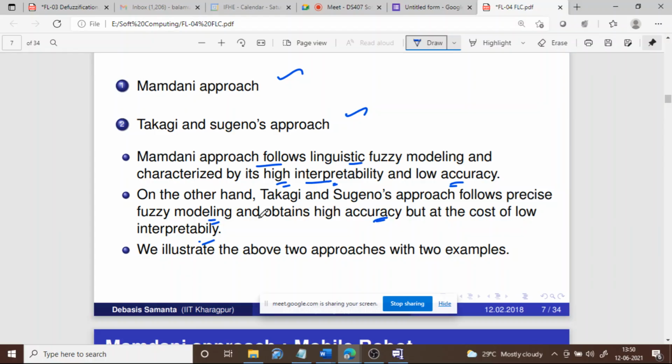That is, we are unable to interpret why it is behaving so. Is it behaving in the right way for the right reason or not? That is also important. It is not enough that the system is just behaving right. If the system is behaving in the right way for the wrong reason, then that may not be appropriate.